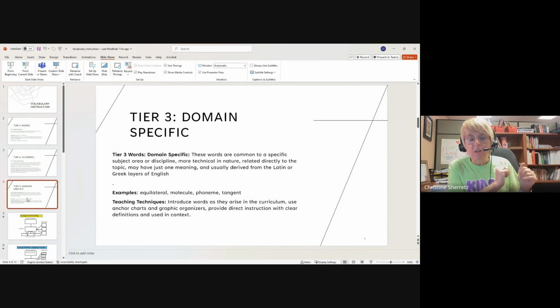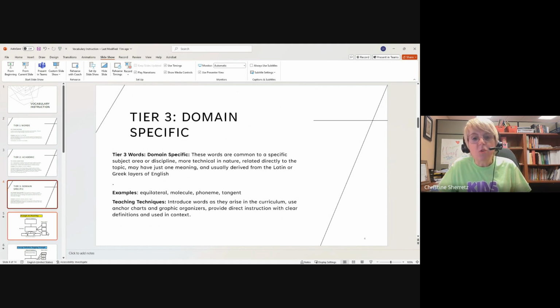If you are teaching social studies, you might have more domain specific words. So as a reading specialist, this is where you will be working with your classroom teachers. If you're in middle school and high school, you're going to be working with your content area teachers to make sure that you're supporting this vocabulary instruction with these domain specific words.